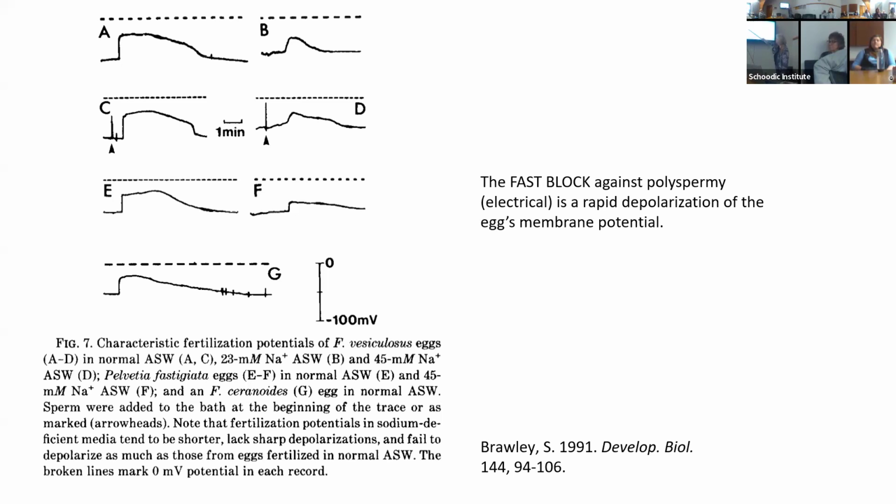This is like being fertilized in normal seawater. And so if you look at this little spike, there would have been a little spike a little bit ahead of where I cut off those traces. But that's when I dropped some sperm into the bath, where I had a microelectrode inserted into the egg to record its membrane potential. And as soon as the sperm fuses with the egg membrane, there is a rapid depolarization.